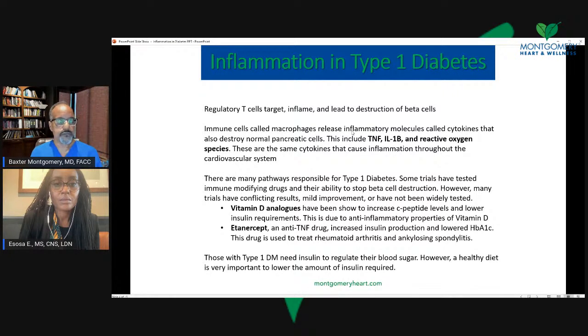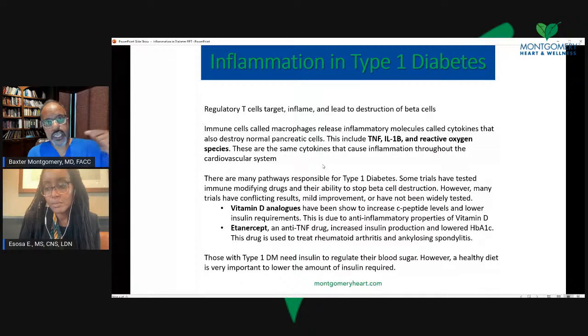They call in more inflammation cells, such as TNF alpha, IL-1 beta, and reactive oxygen species. These are free radicals. These are cytokine-like molecules, and they cause inflammation. It's a cascade of events, like an alarm that goes off and more fire trucks are called to the fire scene. Despite how big or small the fire is, you get an overwhelming response.